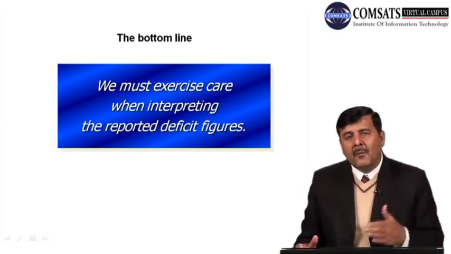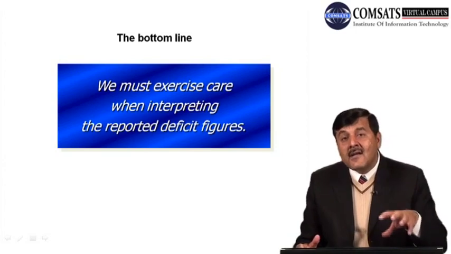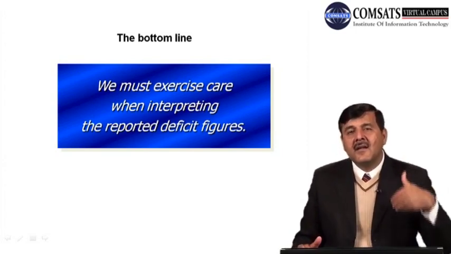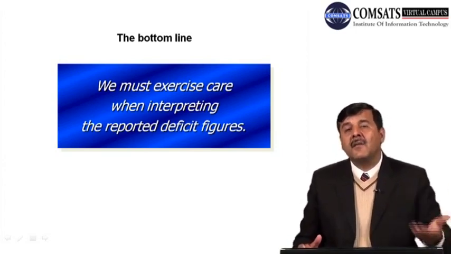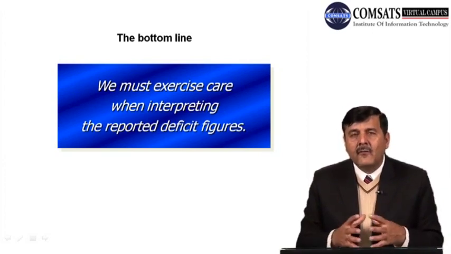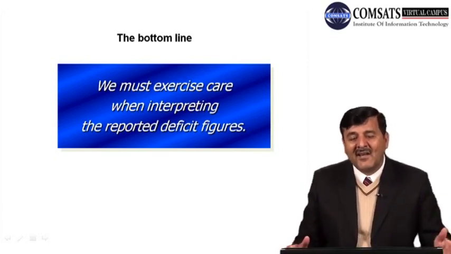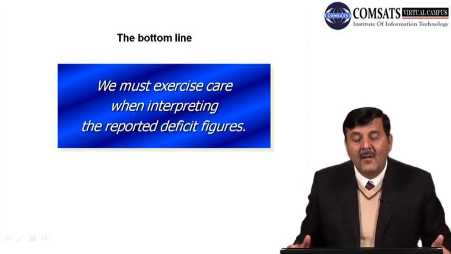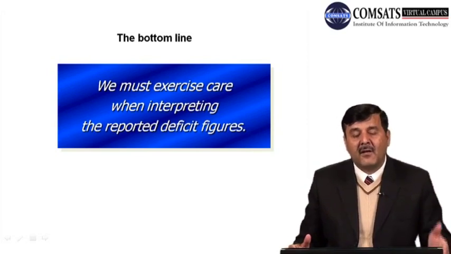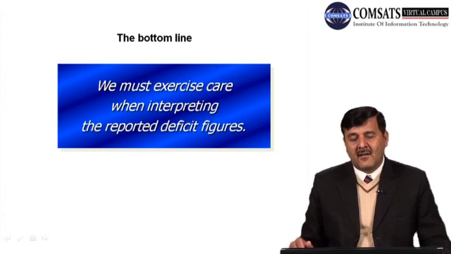So maybe you are omitting some of the important issues that need to be included while calculating the budget deficit. So the suggestion for the economists and the experts is that we must exercise care when interpreting the reported deficit figures, because of those problems that we discussed.